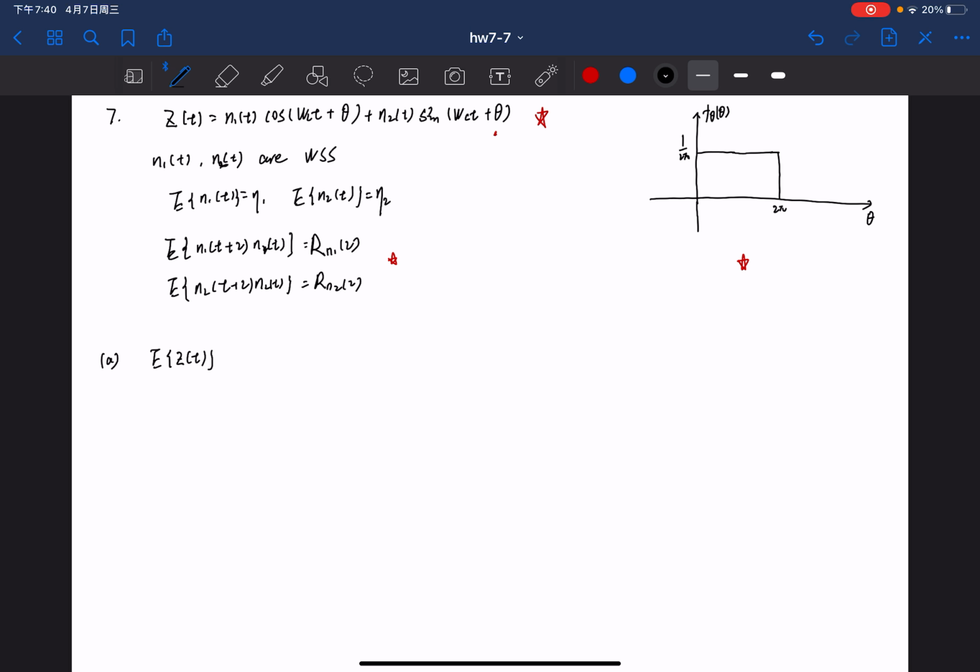Because we already know the expression of Z(t), this equals the expectation of N1(t) multiplied by cosine(omega_c t plus theta) plus N2(t) multiplied by sin(omega_c t plus theta).